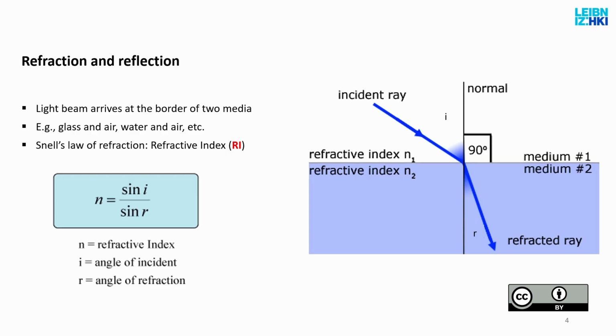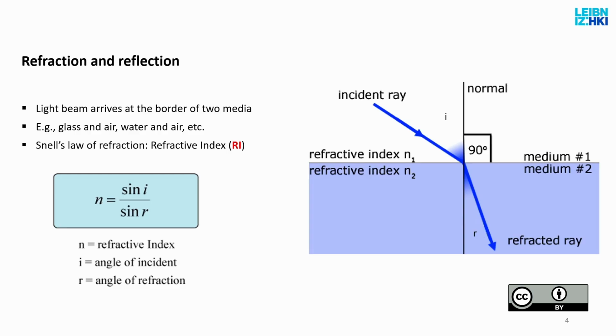When light spreads as a beam and it arrives at the border of two media which are optically different, for example, air and water, or air and glass, or glass and water, it will change its direction. This is called refraction, and it basically means that when the light beam comes in at a certain angle, and it arrives from, for example, air to water, like you see on a glass of water or on the beach, it will bend at an angle that is smaller than the angle at which it came.